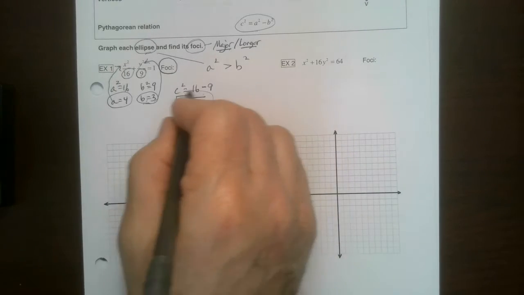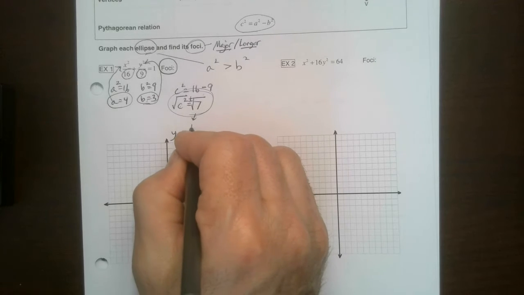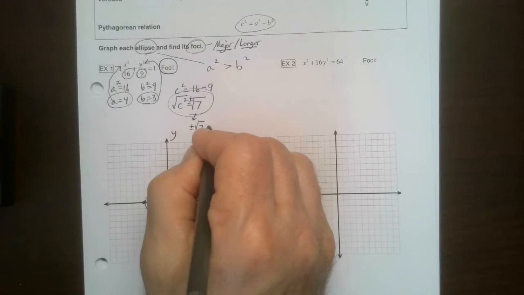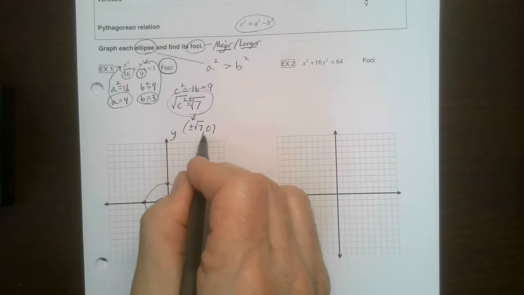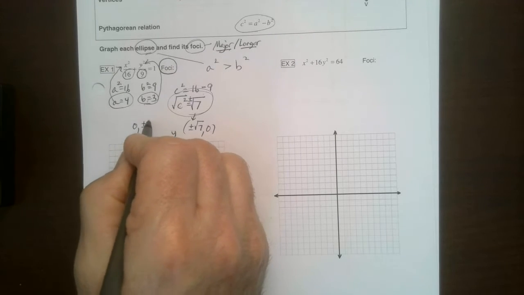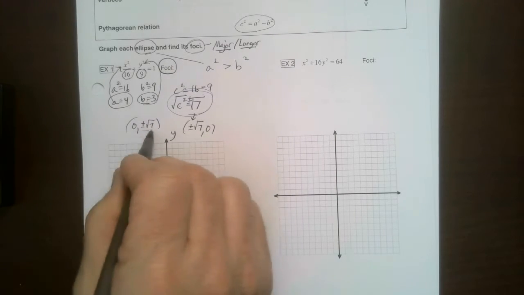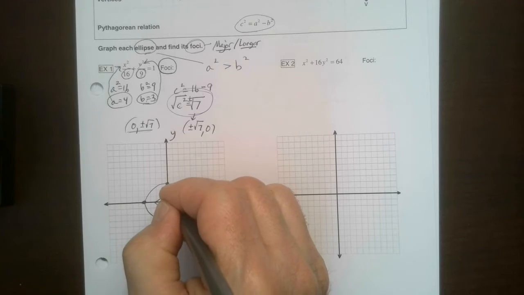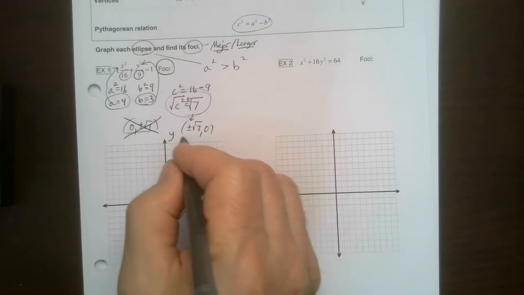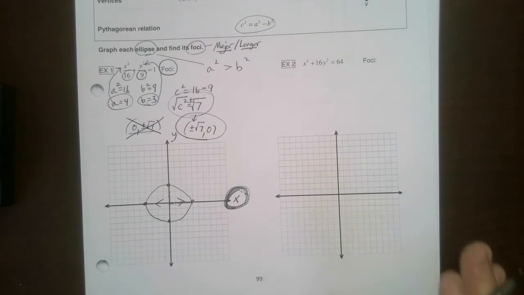Which tells me I'm going to go plus or minus the square root of 7, comma 0. If I screw these up and I go 0, plus or minus the square root of 7, these dots would end up on my y-axis, and that's not my major axis. That's why this is the correct answer.